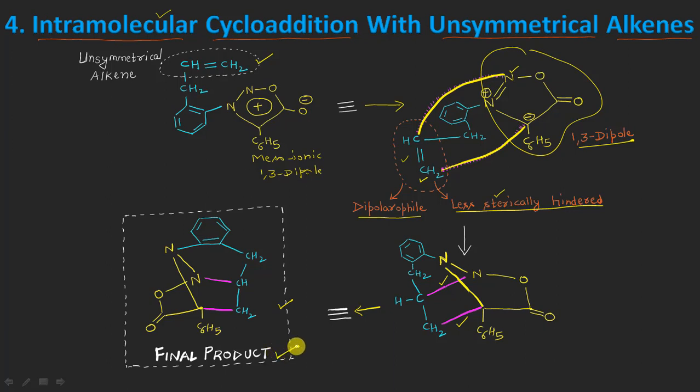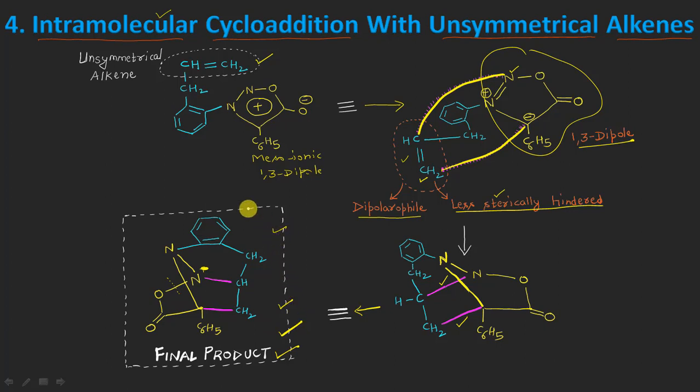The reaction will simply stop here at this stage, because if we keep on going towards the elimination of a CO2 molecule, what will happen is a positive charge will appear here that will not be stabilized by any kind of resonance or any kind of phenomena. So in this case, the cleavage from here is not taking place, and the reaction is simply stopping here at this stage, resulting in the formation of this molecule as the final product, right?